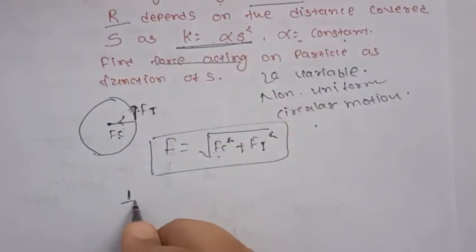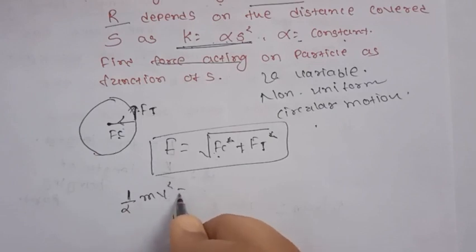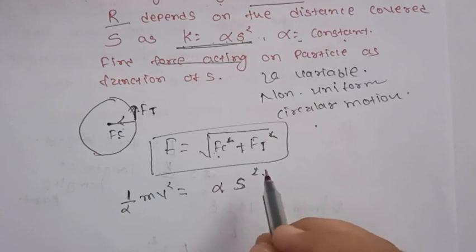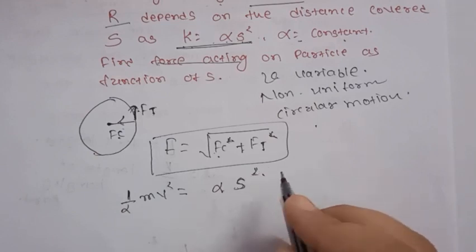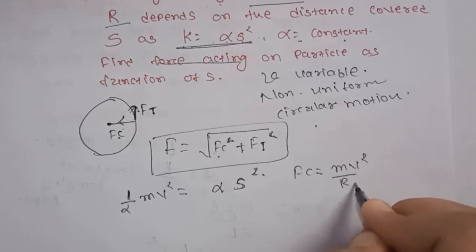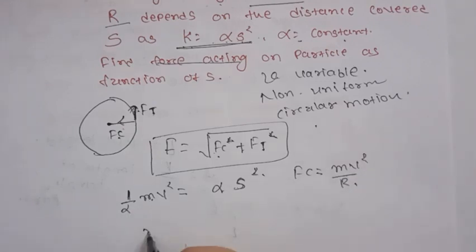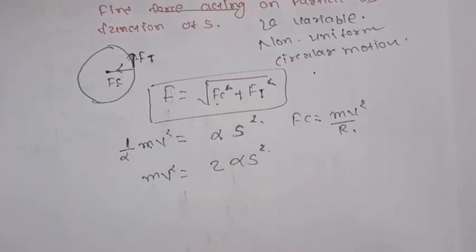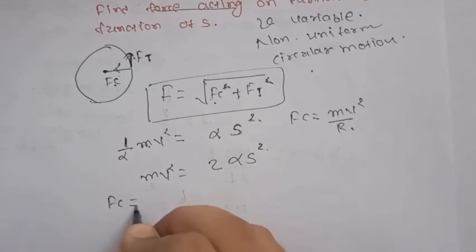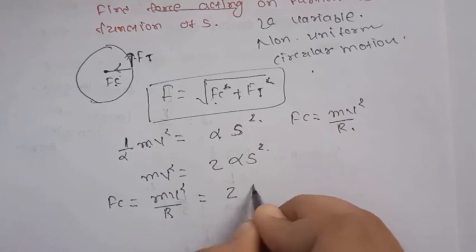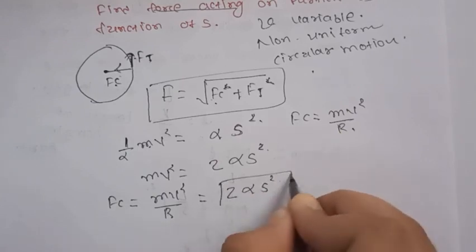So we can write half mv square is equal to alpha s square. At any instant, the centripetal force is given by mv square by r. From this, we can write mv square is equal to 2 alpha s square. So centripetal force will be mv square by r, that will be equal to 2 alpha s square by r.